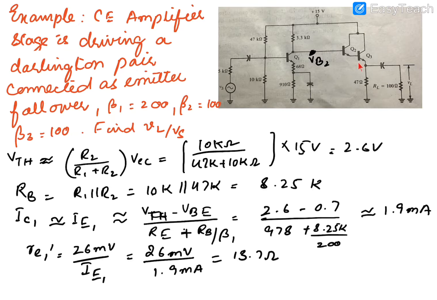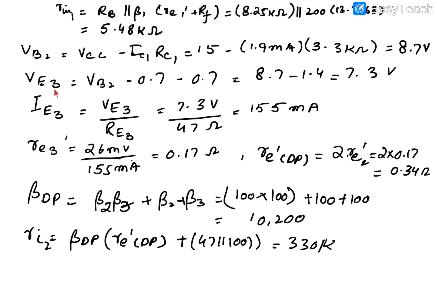This is basically the voltage drop across these junctions. VB2 is 8.7, minus 1.4 volt, which is equal to 7.3 volt. Now the current across RE3 will be equal to VE3 divided by RE3. It is equal to 155 milliamperes. Now RE3, the emitter resistance of the third transistor, will be equal to 0.17 ohms.